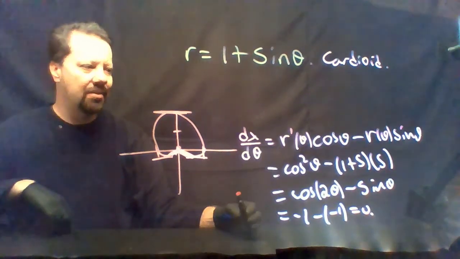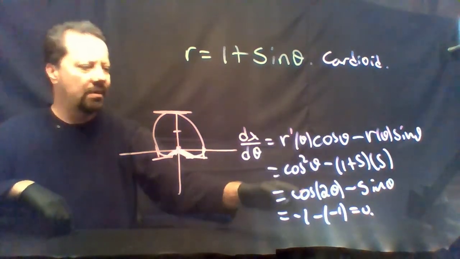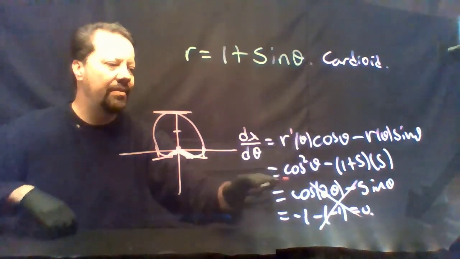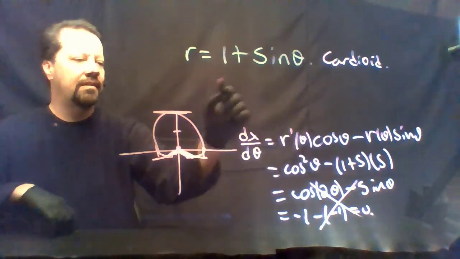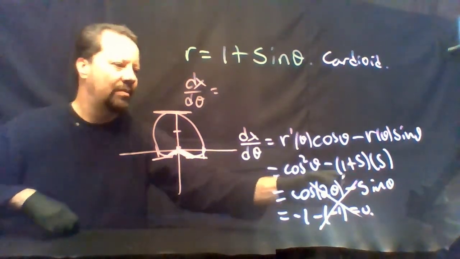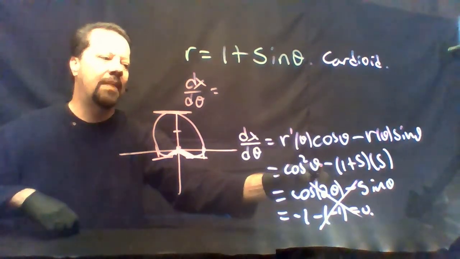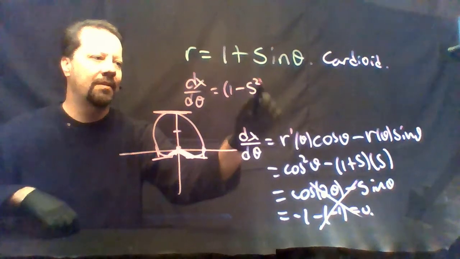Continuing our analysis to try to find locations where we have vertical tangent lines, we'll back up to this spot, and we'll have dx d theta. We'll have cosine squared minus sine squared. Cosine squared is 1 minus sine squared.